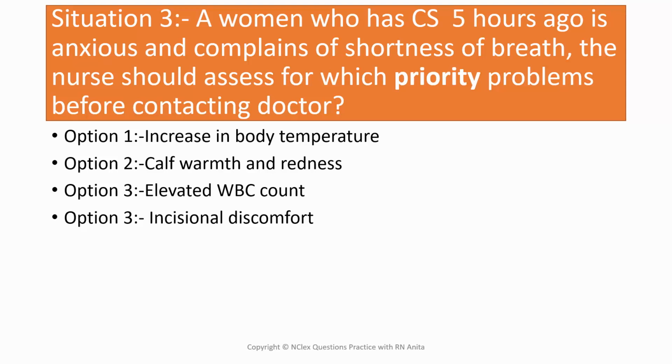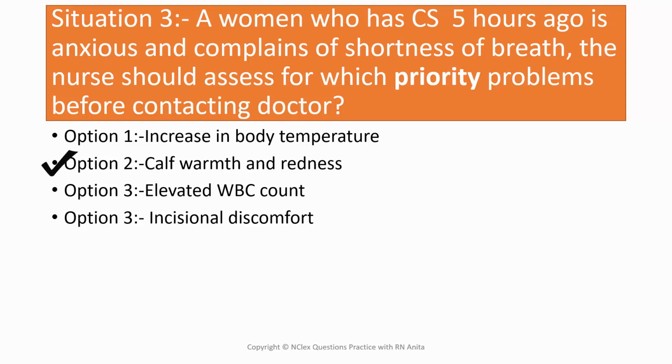The options given might include more than one correct option, but you need to choose the one which is the highest priority. So here the options are: option 1, increase in body temperature; option 2, cough, warmth and redness; option 3, elevated WBC; option 4, incisional discomfort. So you can pause and guess the answer.